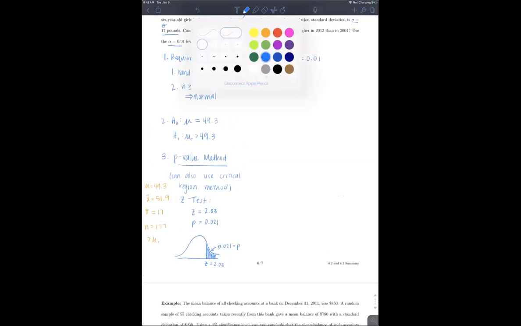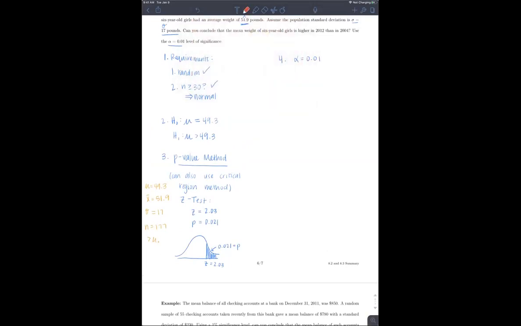So if I were to draw alpha on my picture here, then it's going to be a smaller piece than this piece because it's 0.021. And so here, this would be my critical region, right? And so this is alpha equal to 0.01. And just remember, it's a smaller number, which means it's going to be a smaller picture, right?